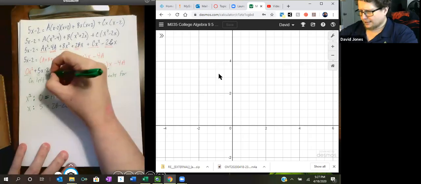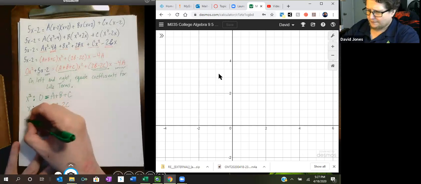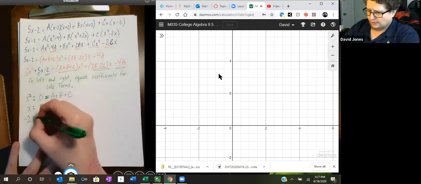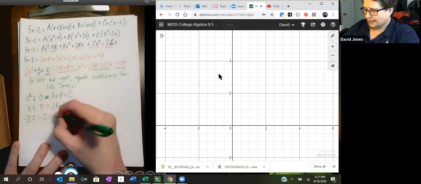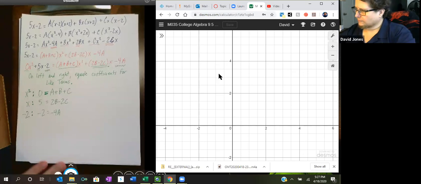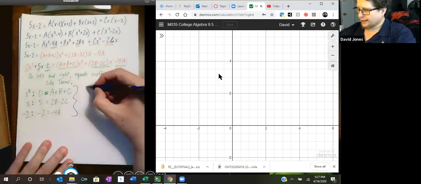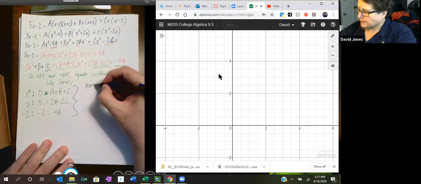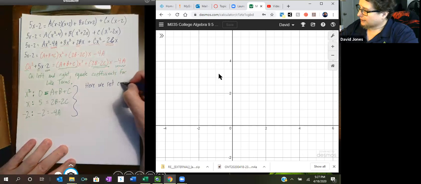And for my constant term, I get negative 2. We've got negative 2 equals negative 4A. So here we set coefficients for like terms equal to each other.